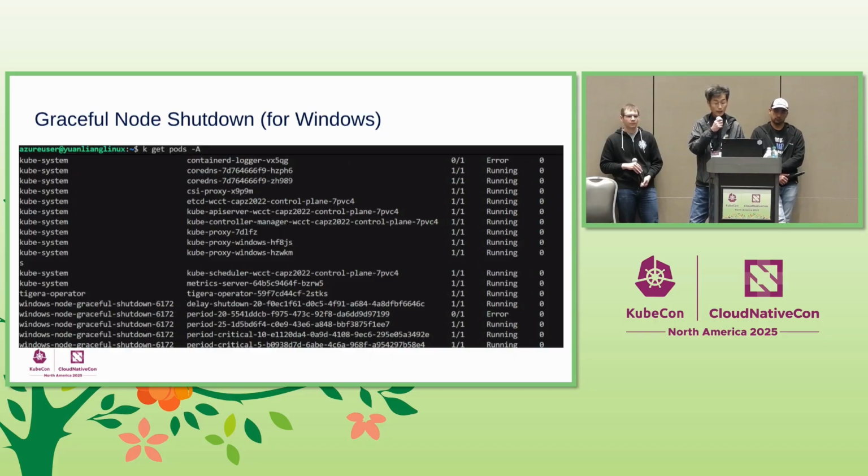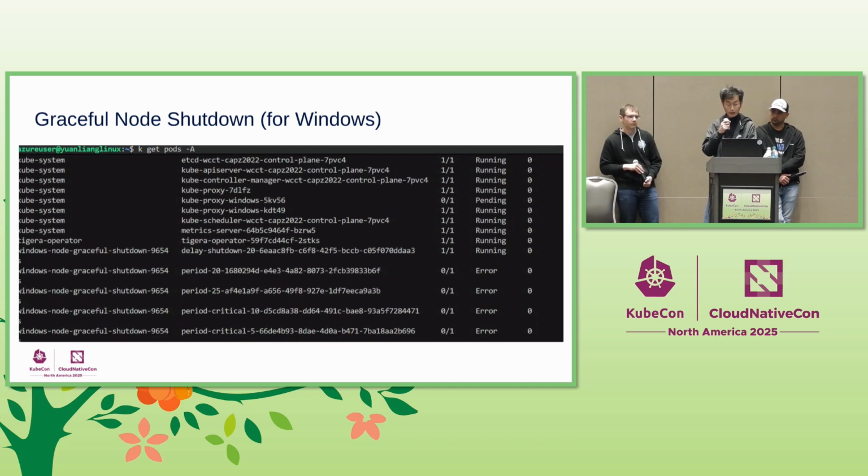Then we can see the pods starting to go to the error state, which is the expected state. You can see from here that it started with a non-critical pod, one of them in the error state, and then later all the pods we created get to the error state.